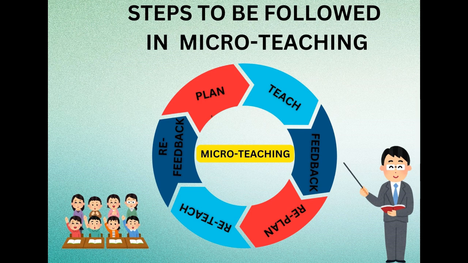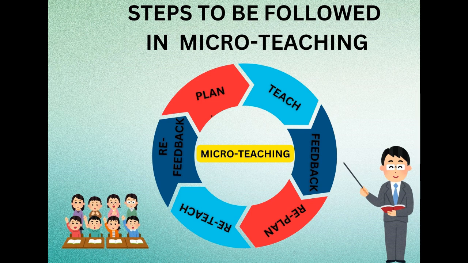So, with all the feedback gained from the peer group, feedback from the teacher educator who is the observer, and self-feedback from your side, the defects need to be diagnosed. For example, you might have been too fast, or you might have neglected a particular student's response, or you were not very audible, or you might have overlapped concepts.